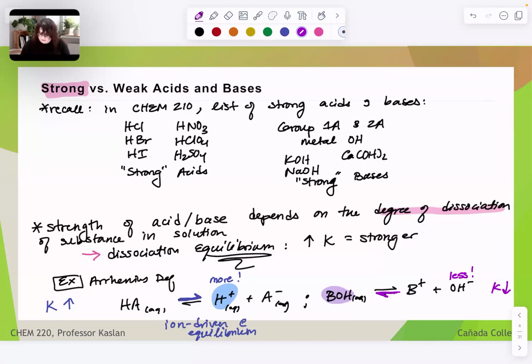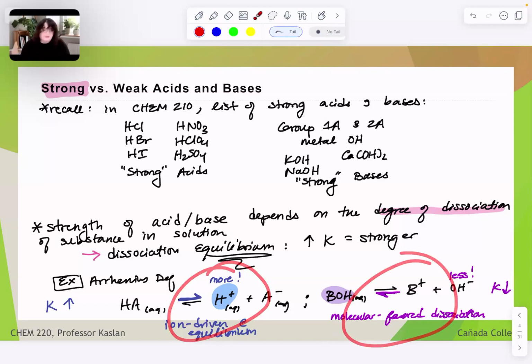So this is a molecular favored dissociation because K is small. So we would then call this weak. So this would be strong acid, weak base in a general sense, looking at these particular examples.